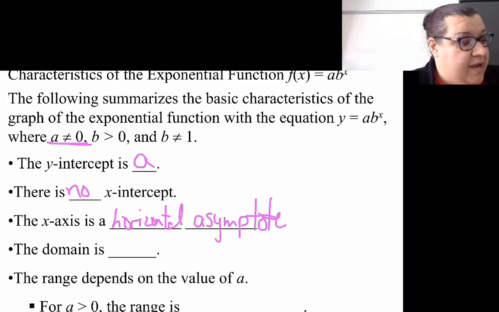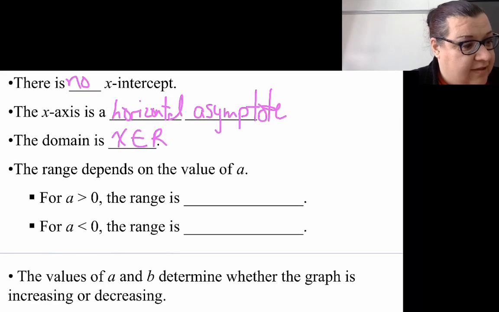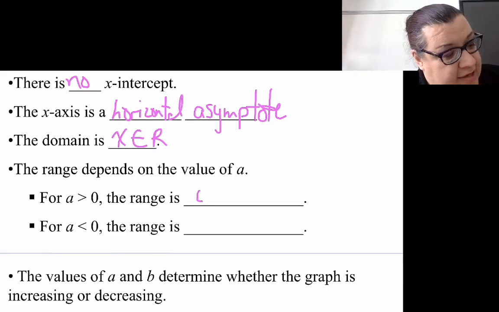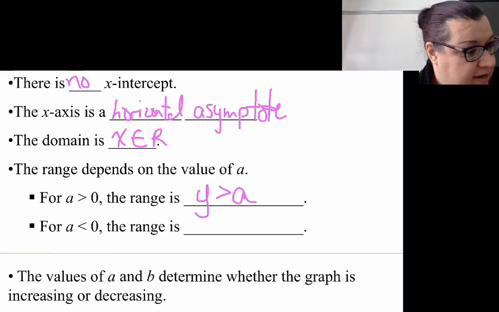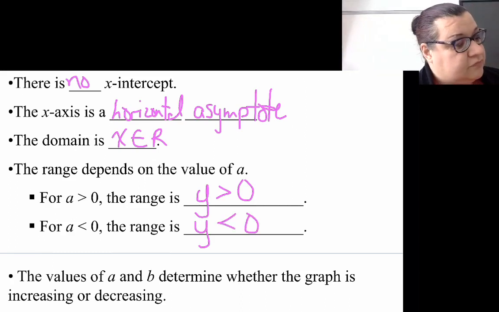Okay, the domain is always x is an element of the reals. Now the range depends on the value of a. When a is positive, the range is that y is greater than 0, not greater than a. But when a is negative, then y is less than 0. We saw that as well.